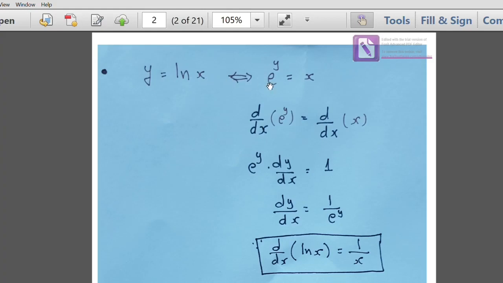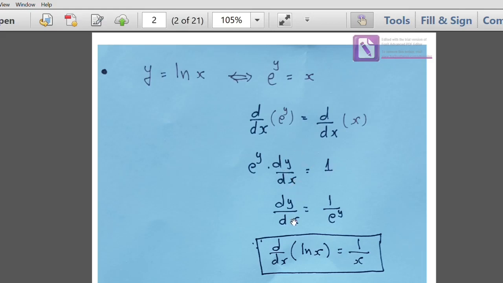Now let us differentiate both sides with respect to x. The derivative of e^y with respect to x equals the derivative of x with respect to x. The derivative of e^y will be e^y multiplied by dy over dx. We multiply by dy over dx because this is a function of y and we differentiate with respect to x. The derivative of x with respect to x is just 1. Now we need to put dy over dx on one side, so we divide both sides by e^y.